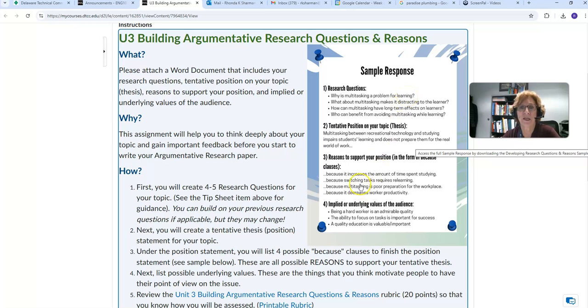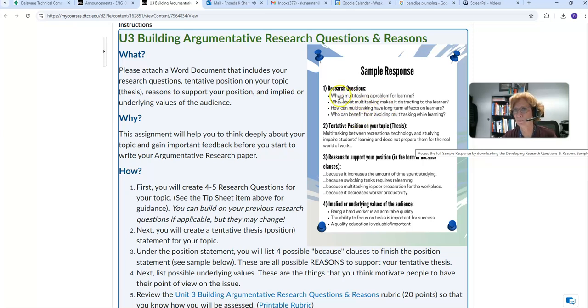How does multitasking affect learning or even relearning? How does multitasking relate to workplace requirements? How does multitasking impact worker productivity? So I would use your reasons for your research questions.